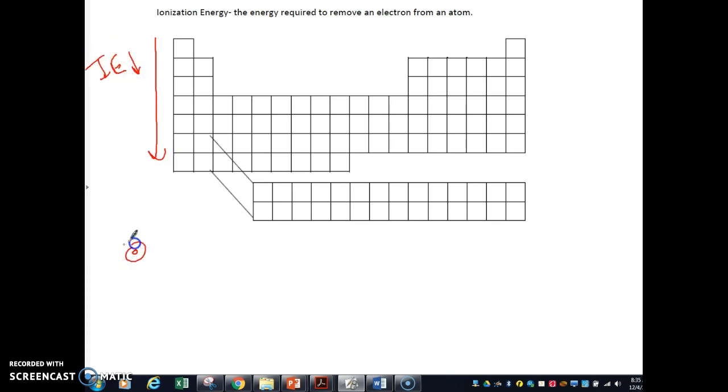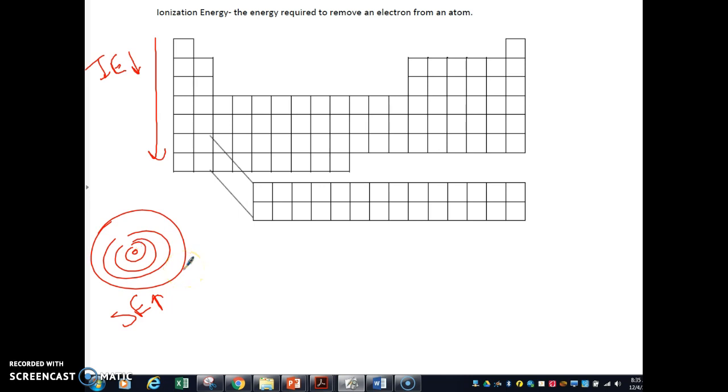Remember, we are getting larger and larger atoms because you keep adding all these energy levels on. The shielding effect is increasing, so the nucleus can't hold on to those outermost electrons as well just because they're farther away, and you have these inner electrons blocking the nucleus from holding on to those outer electrons.